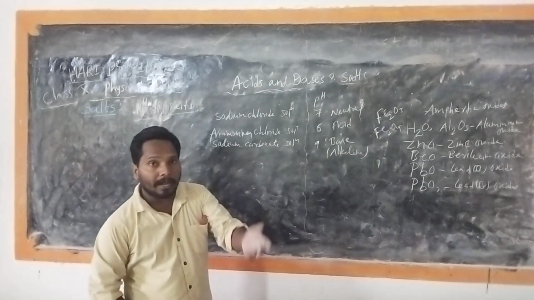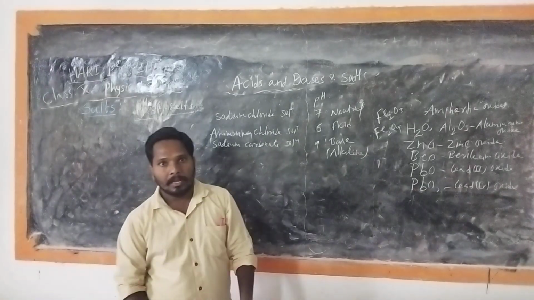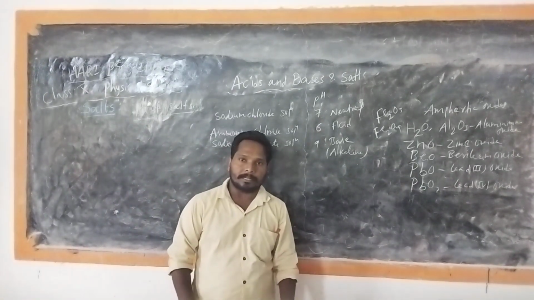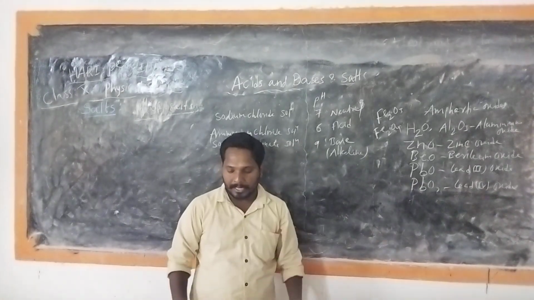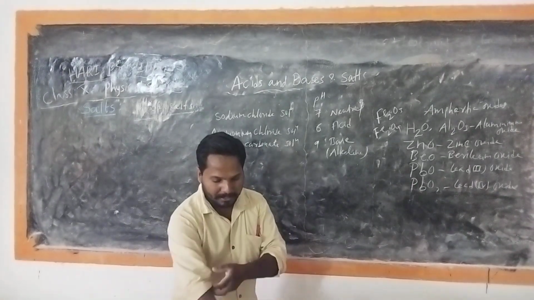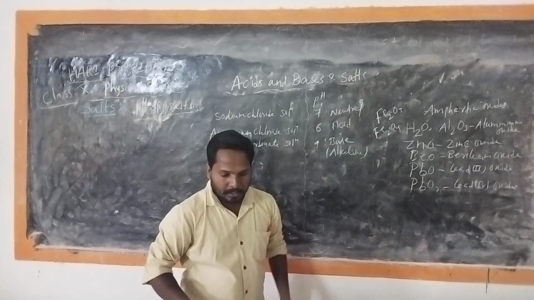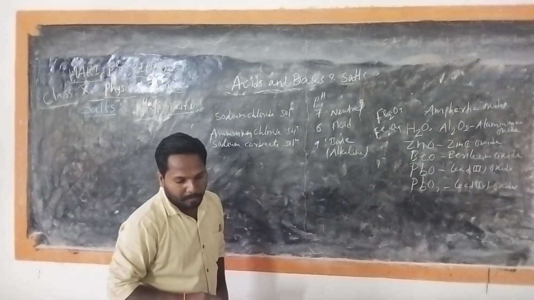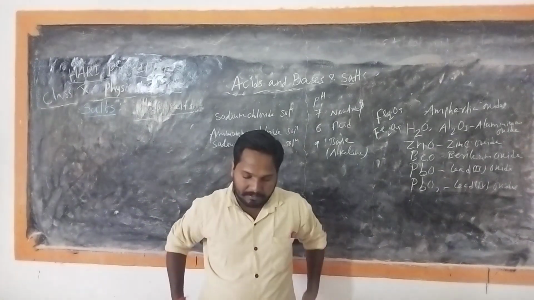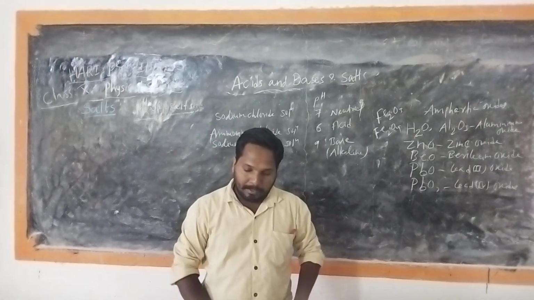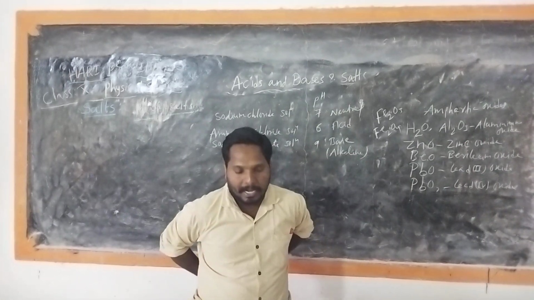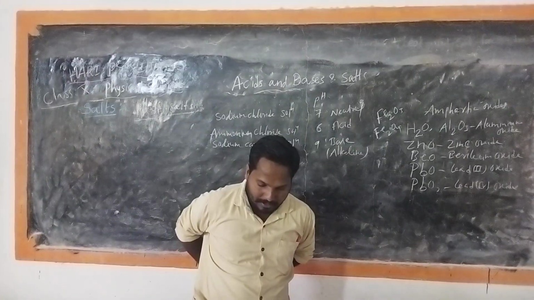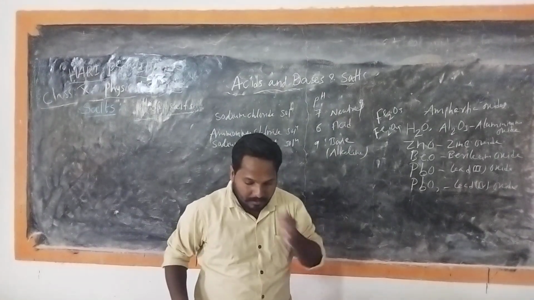So let us discuss why they behave like that. As we discussed earlier, a salt is formed by the reaction between an acid and a base. The acidic and basic nature of salt solutions can be explained on the basis of hydrolysis of water, that is, hydrolysis of salts.